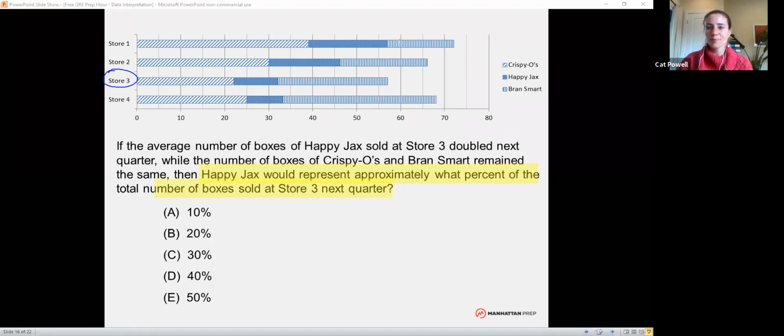I'm going to need the number of boxes of Happy Jacks over the number of boxes total. So I'm going to go to store 3. Happy Jacks, let's say that starts at 22 and it ends at 32. So I have 10 boxes. Do you guys agree? Is 10 what should go on my numerator here?